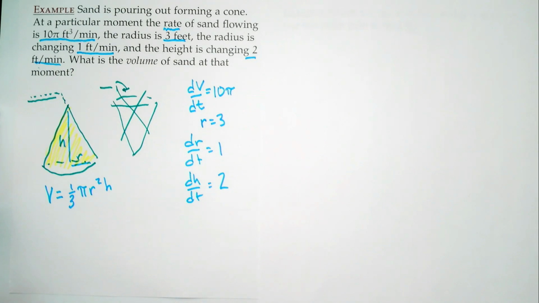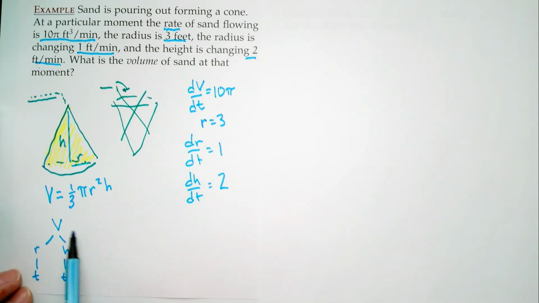What do we have? We have volume, which depends on r and h, and then r and h are changing with time. So I can think of a diagram where I have my variables related in this way.